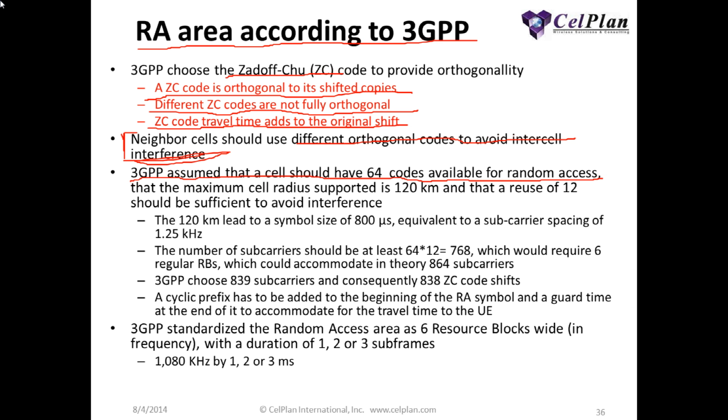Well, we know that there are 838 possible codes, orthogonal or nearly orthogonal, but a cell only needs to have 64 codes. And those codes can be different sequences or different shifts of the same sequence.